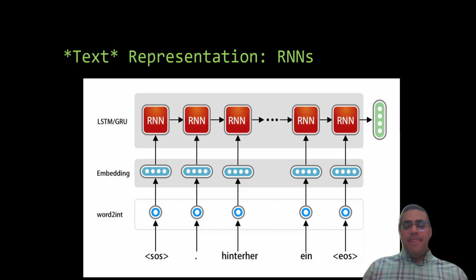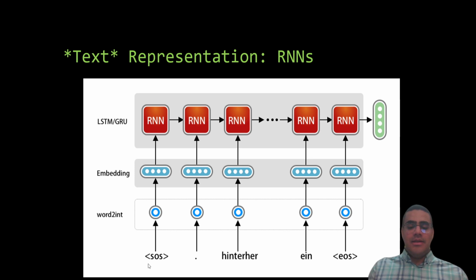For representing text, we are going to, for example, use RNNs. By RNNs, we also include GRUs and LSTMs. What they do is that they basically take your sentence, which consists of a bunch of tokens, sequentially, one after another, and then give you an encoded representation which contains the whole sentence in it.